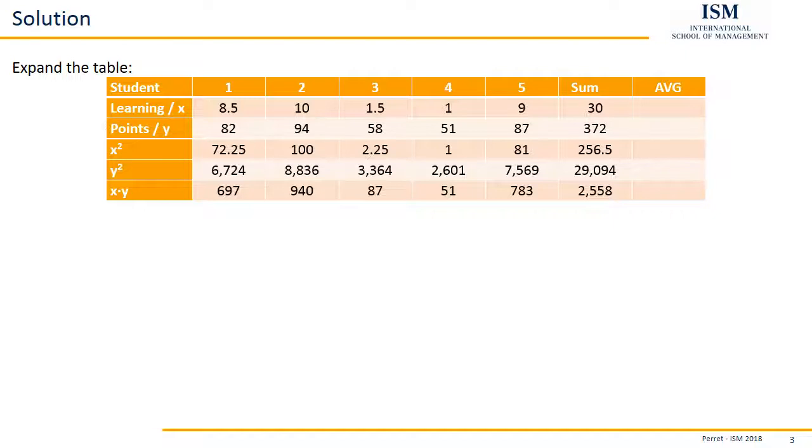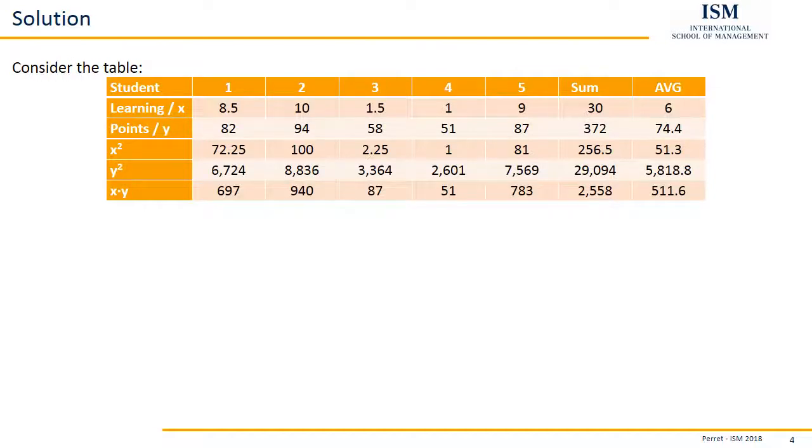So we get as an average for learning 6 hours, for the average number of points in the exam 74.4, for x squared 51.3, for y squared 5818.8, and for x times y 511.6. These are the values we will then use in calculating the coefficients and the coefficient of determination.